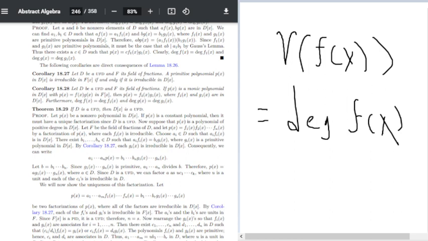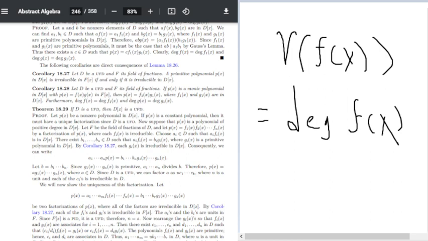Let D be a UFD and F its field of fractions. If p(x) is a monic polynomial in D[x], with p(x) equal to f(x) g(x) in F[x], then p(x) is equal to f1(x) g1(x), where f1(x) and g1(x) are in D[x]. Furthermore, degree of f(x) is equal to degree of f1(x), and degree of g(x) is equal to degree of g1(x).